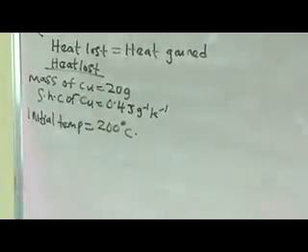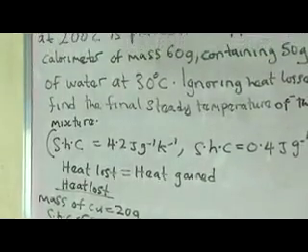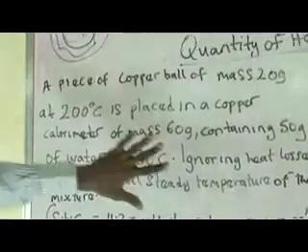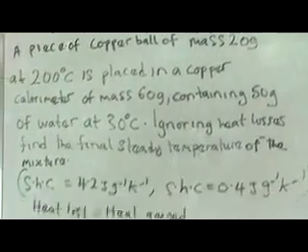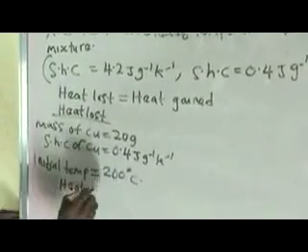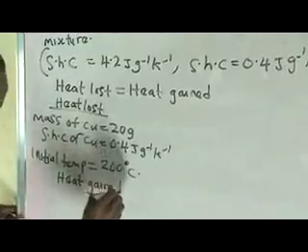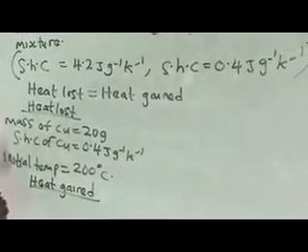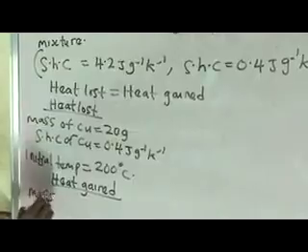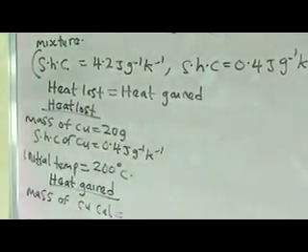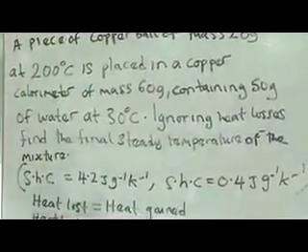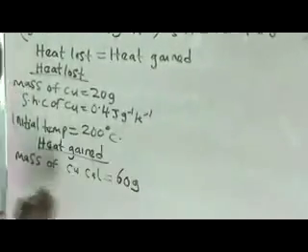For the heat gained, what is gaining heat? That is the calorimeter and the liquid, and for this question the liquid is water. For the heat gained, we have the mass of the copper calorimeter, which is 60 grams.